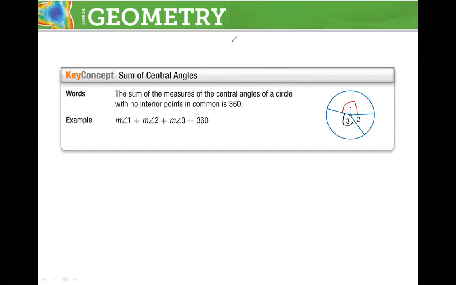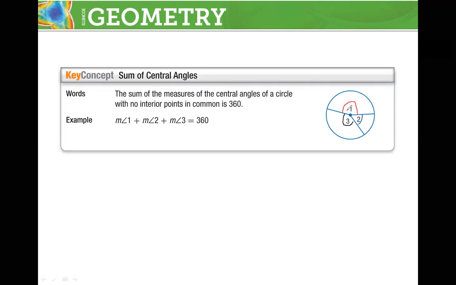Angle 2 also is a central angle because its vertex is the center of the circle. So we have here 3 central angles. The central angle is the angle whose vertex is the center of the circle.